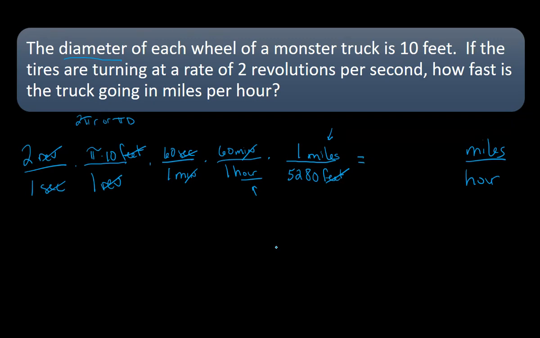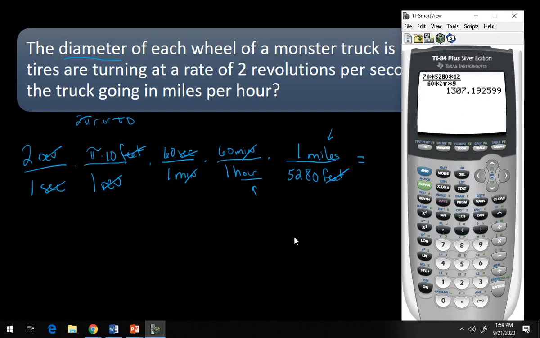So I'll bring my calculator back up and I will look here. And very similar to the last one, I'll go alpha F1, bring up my fraction. On the top, I'm going to have 2 times pi times 10 times 60 times 60.